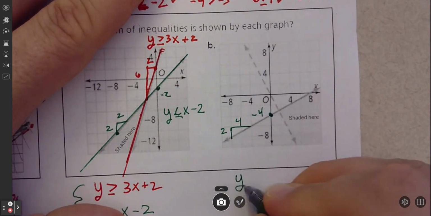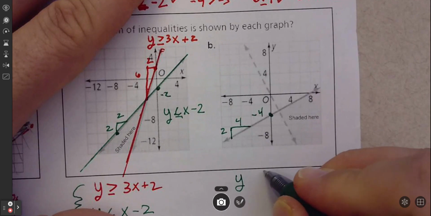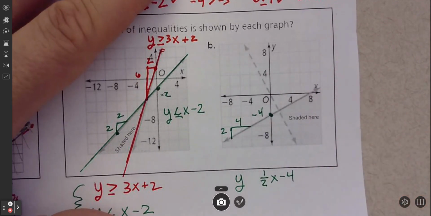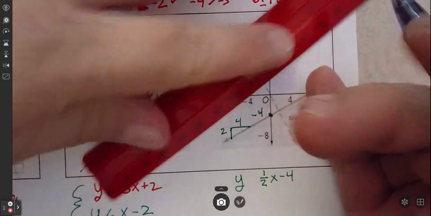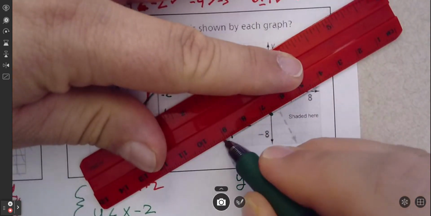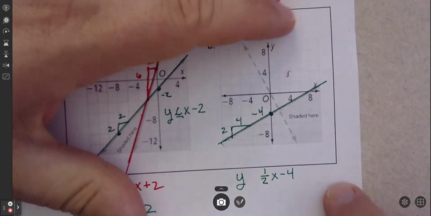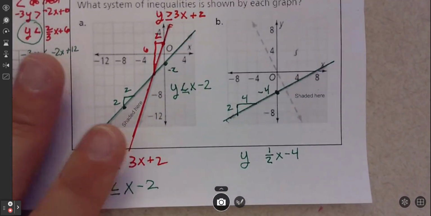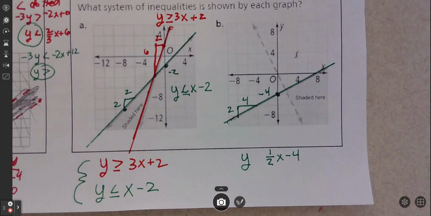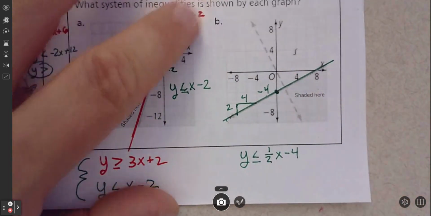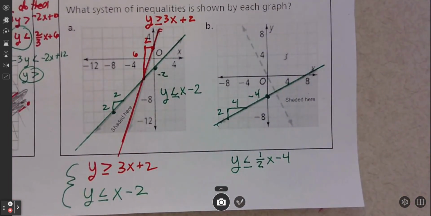So that is y equals 1/2 x minus 4. And in relation to the green line, it's shaded below, which means it is less than or equal because of the solid line.